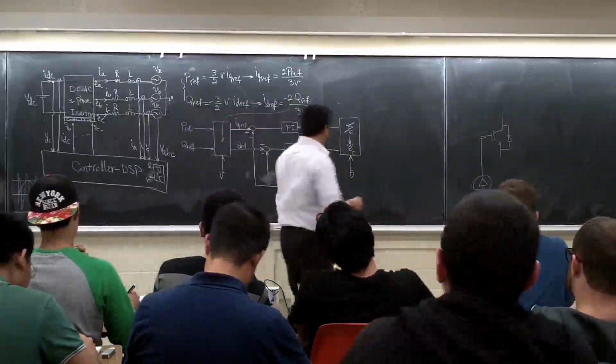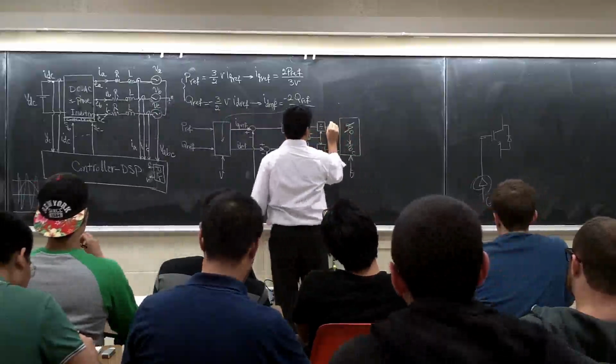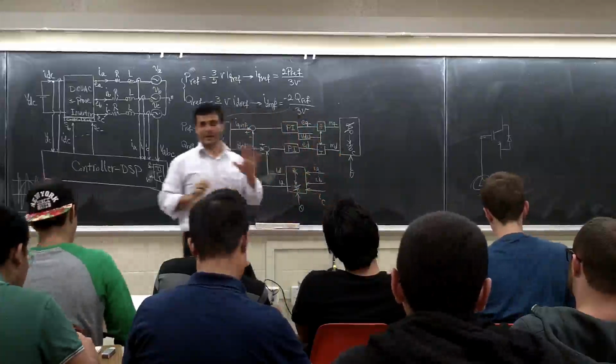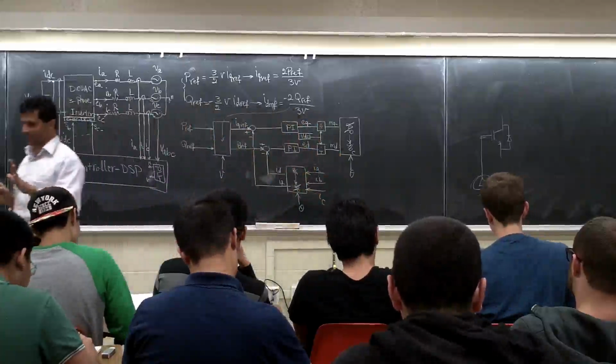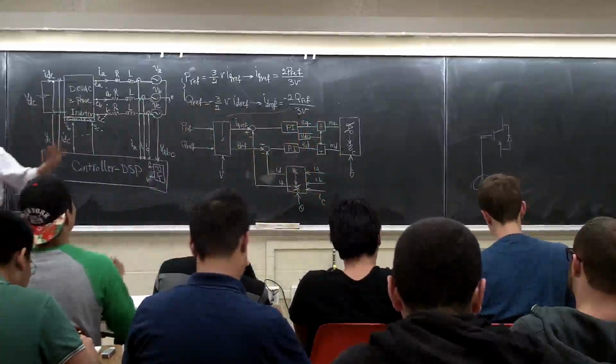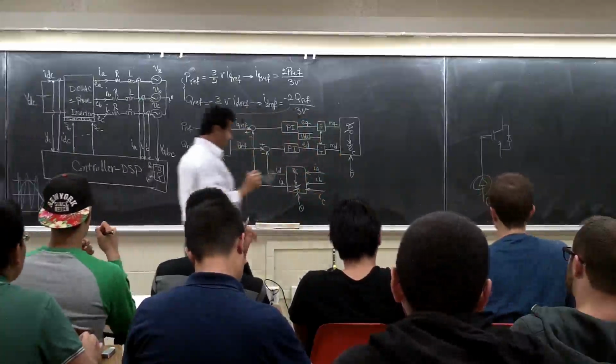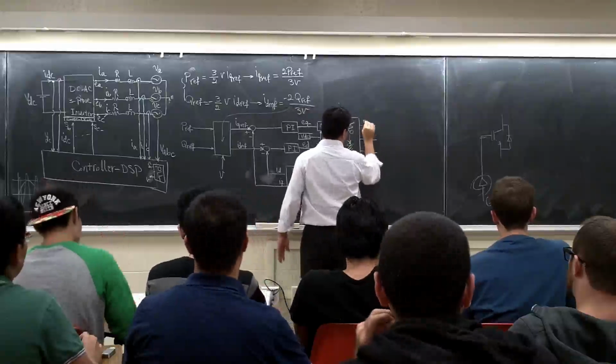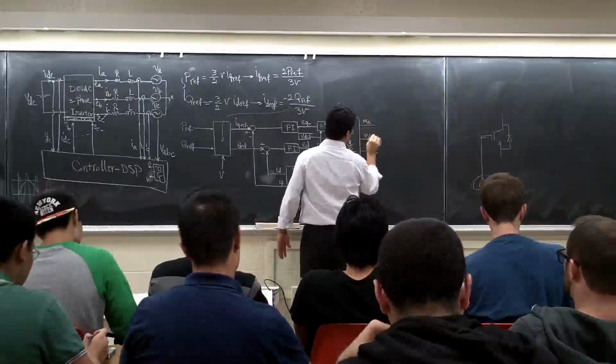Now, this one I call MQMB. M was a modulation index. This one is going to give me 3 outputs: MA, MB, MC.